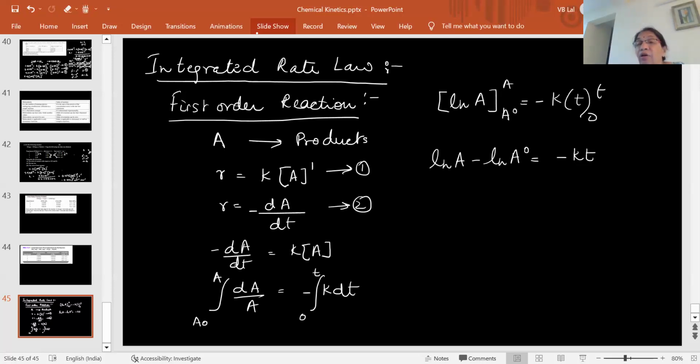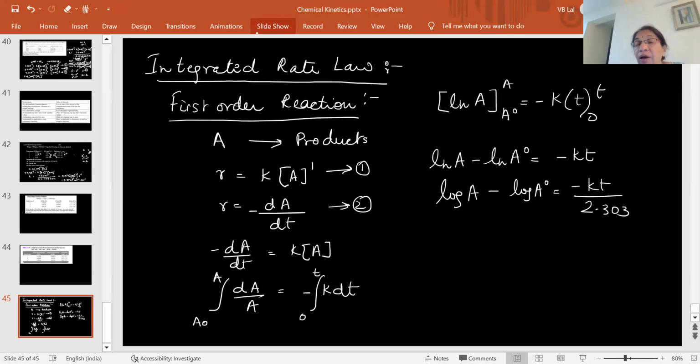All right. Now, in order to convert it into log, what can I do? I can write it as log A minus log A0 is equal to minus Kt by 2.303.